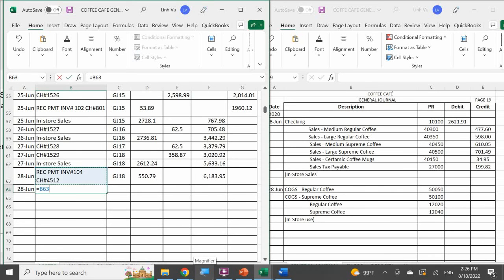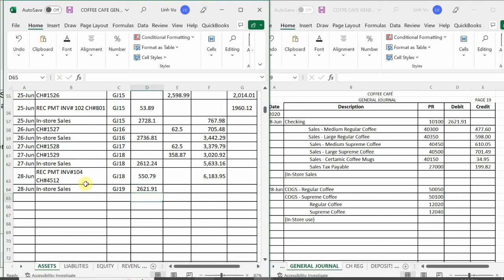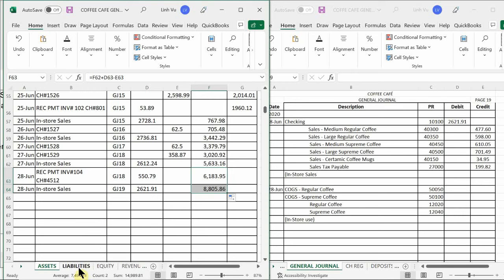So it's 628 in-store sale. Page 19 now. It's 2621.91. Now grand total is $8,805.86. Good. And then we go to the revenue.